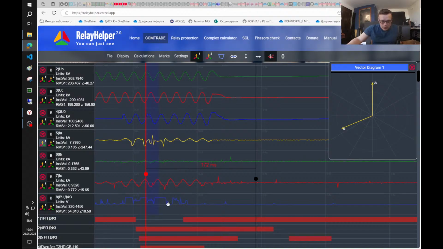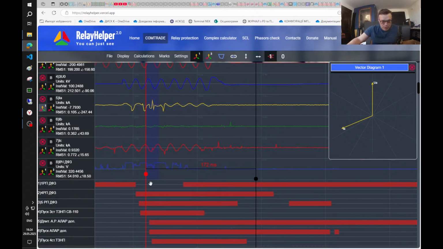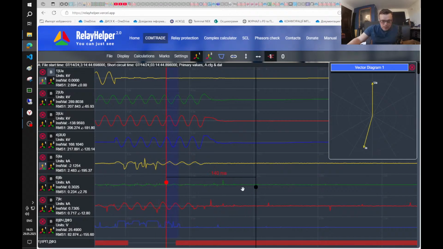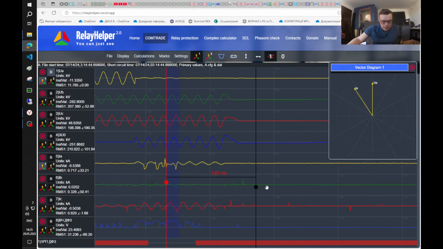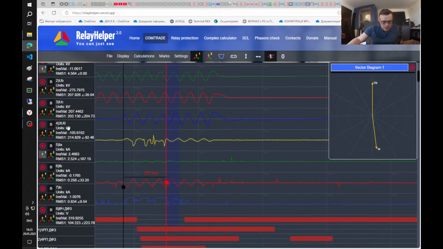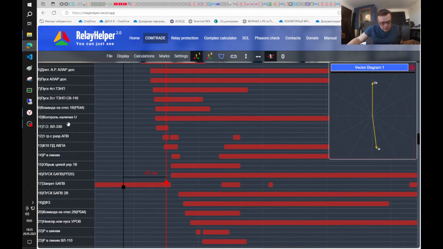But here we can see some pauses, and at that point phase differential protection had already tripped. But first, at this point, the trip was from bus bar protection. Let's see.